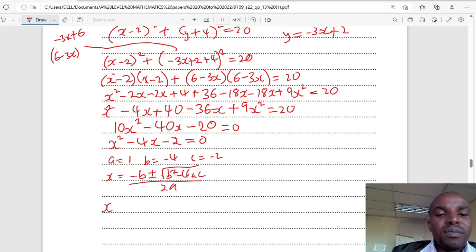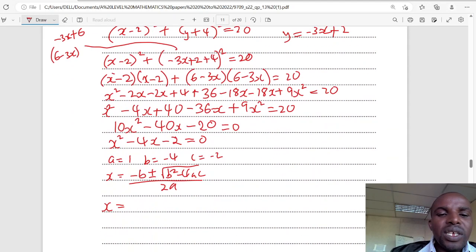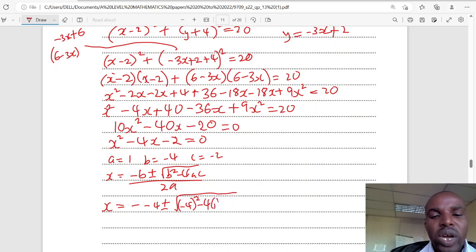Now substitute. You can say here, minus b is minus minus 4, then plus or minus square root of b squared is minus 4 squared, then minus 4a is 1, c is minus 2, all over 2a, 2 times 1.